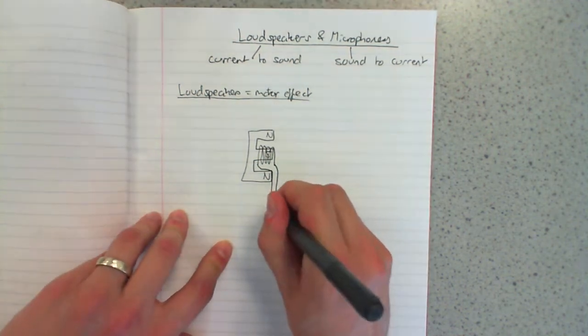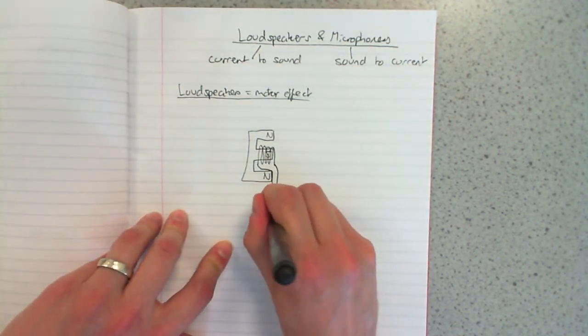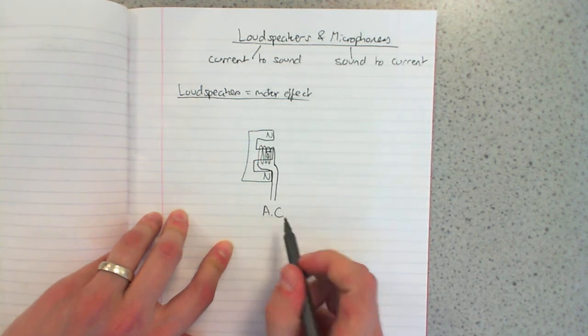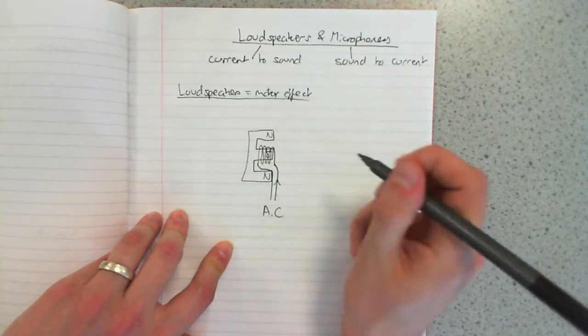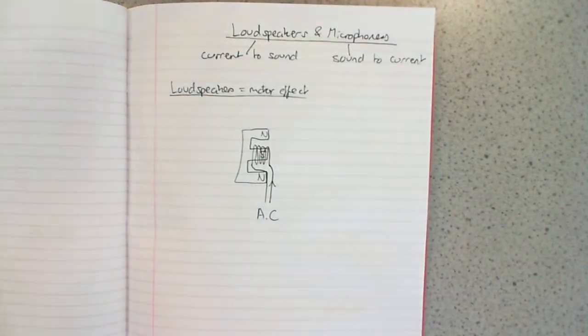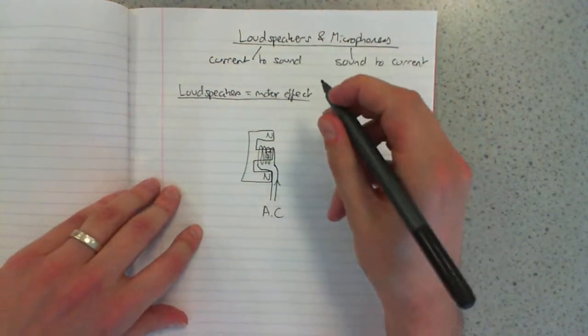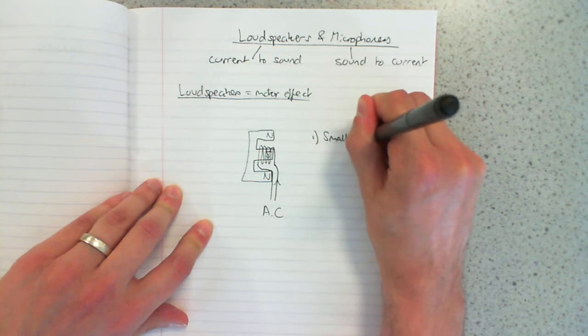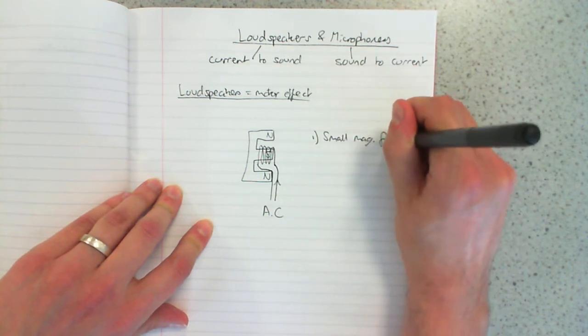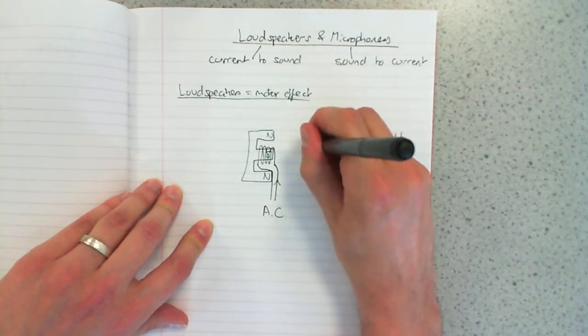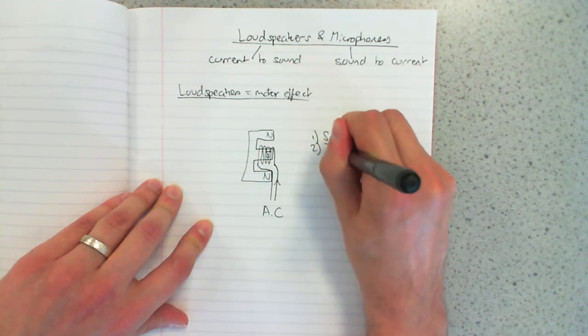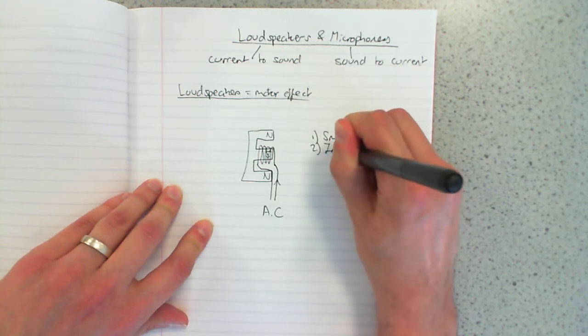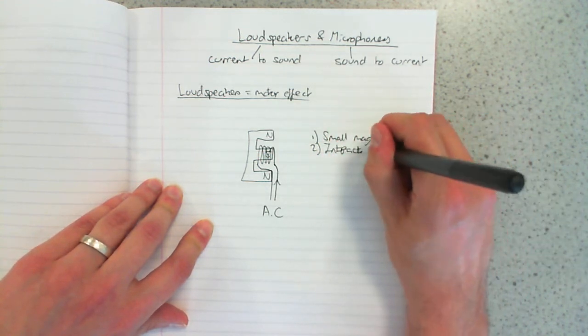And the type of current that comes in is alternating current. Alternating current goes into the solenoid. Into the solenoid it generates a small magnetic field. And that small magnetic field interacts with the magnetic field of the permanent magnets.